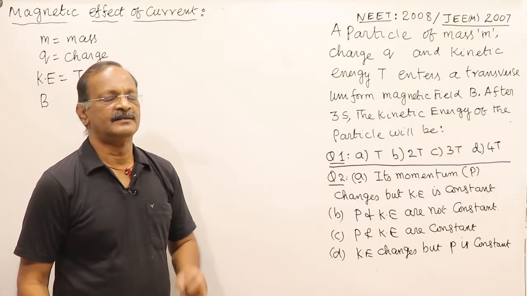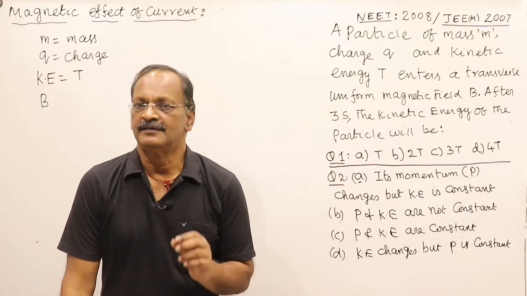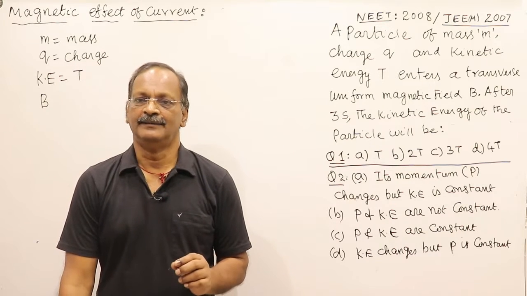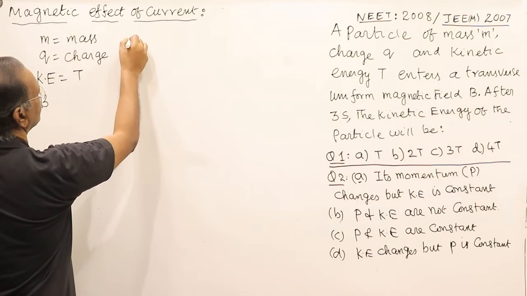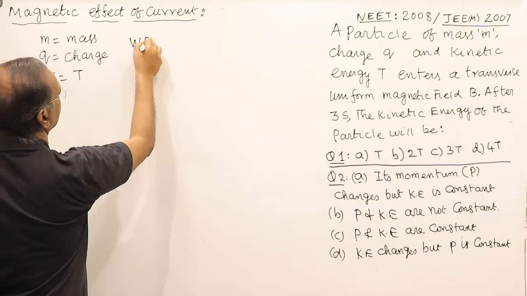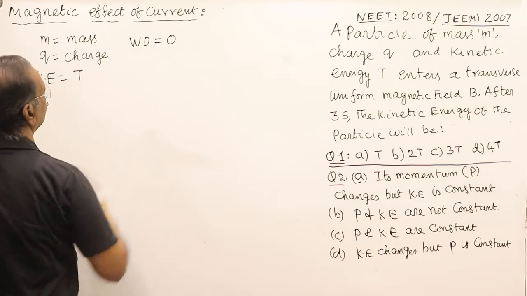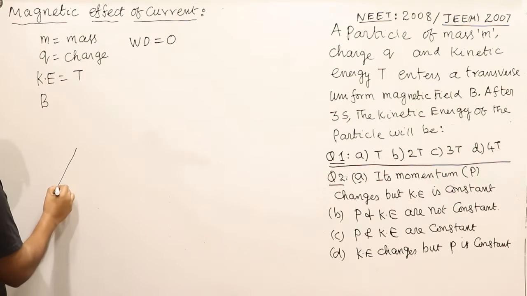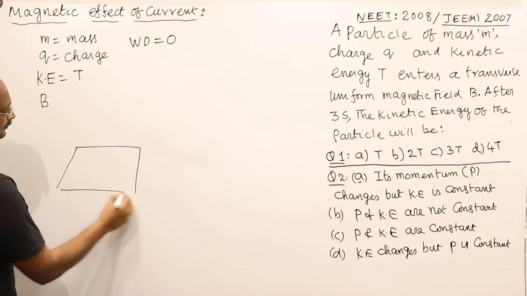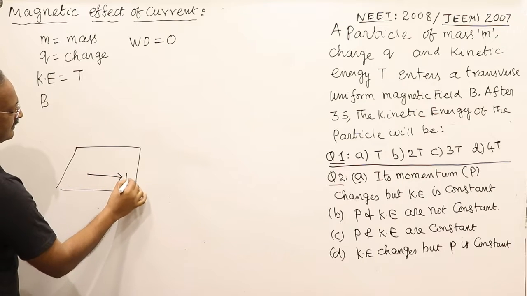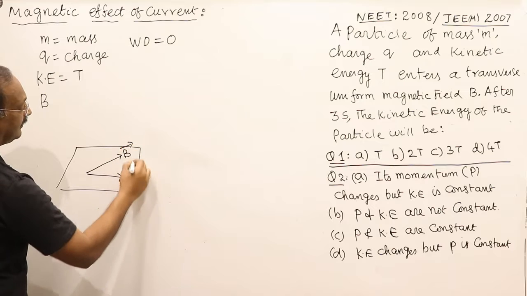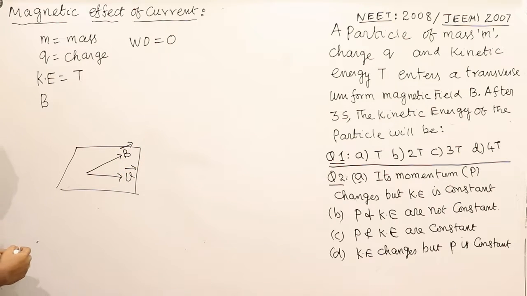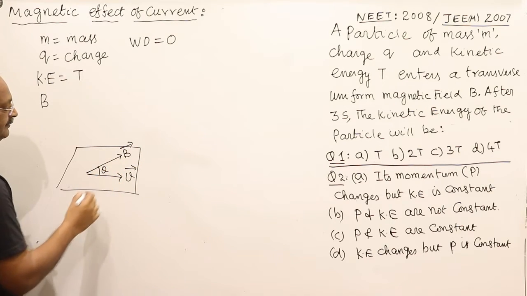We have already seen that when a charged particle moves in a magnetic field, the work done is equal to zero. Suppose this is the velocity, this is the direction of the magnetic field, and the particle moves at an angle theta.